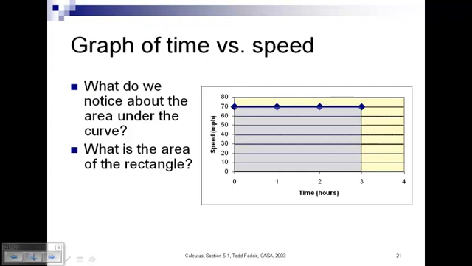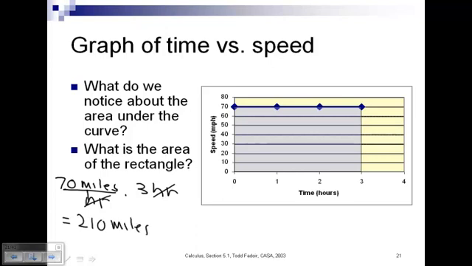The area under this curve is 70 miles per hour multiplied by 3 hours. The area under this curve is 210 miles. Now that one's easy.